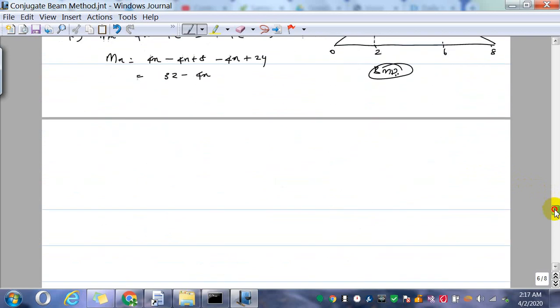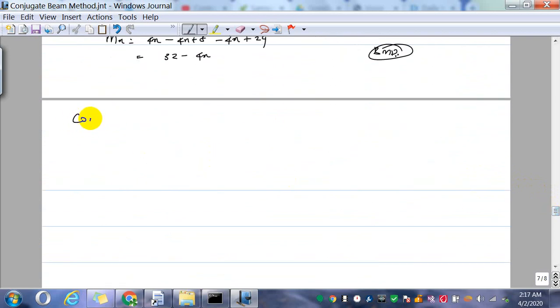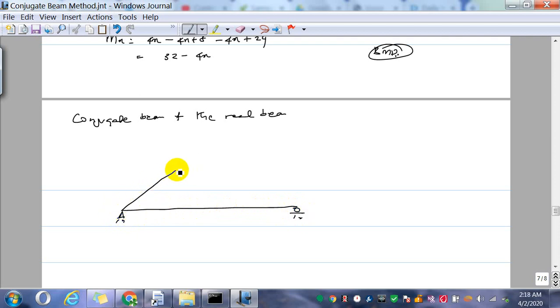So basically the conjugate beam of the real beam, if you plot this one, here it's going to be pin, here it's going to be roller, and this is the load you're going to have on this.